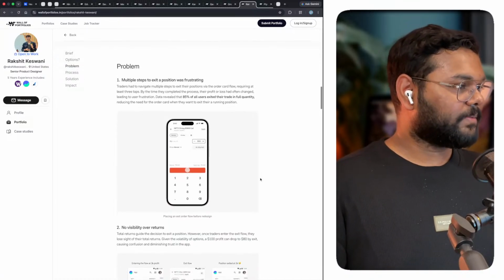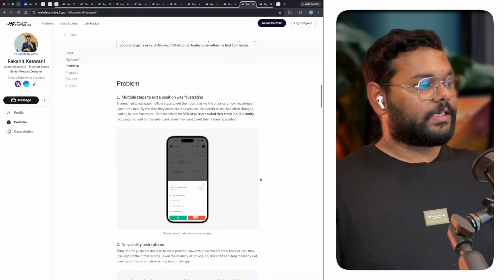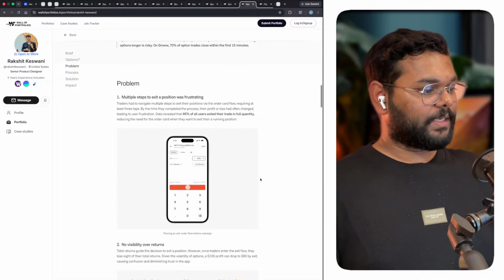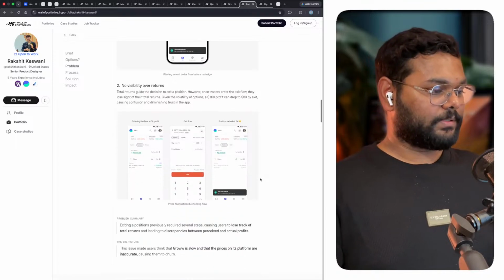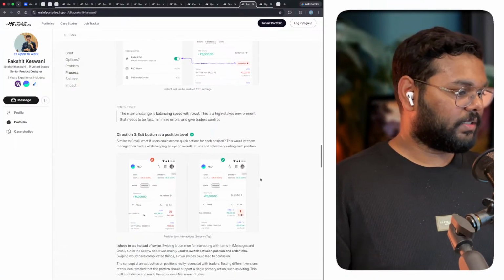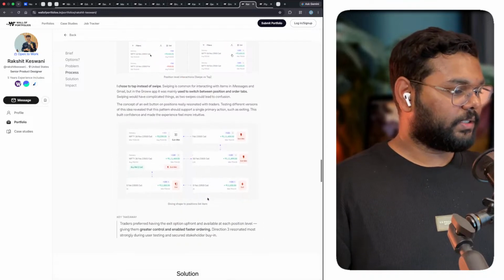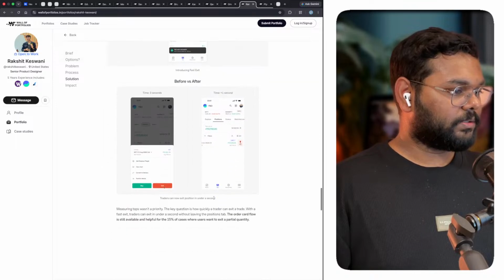Problem. Okay, multiple steps to exposition. Oh great, this is a very clear-cut problem. So multiple steps, simplified to one step, just one gesture, and that's how it solved it. Yeah, a little bit of exploration and solution, and before and after.